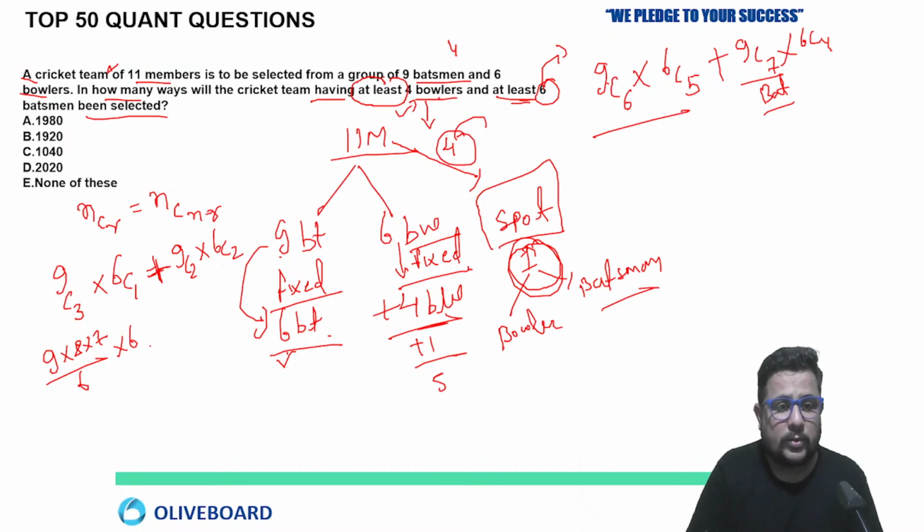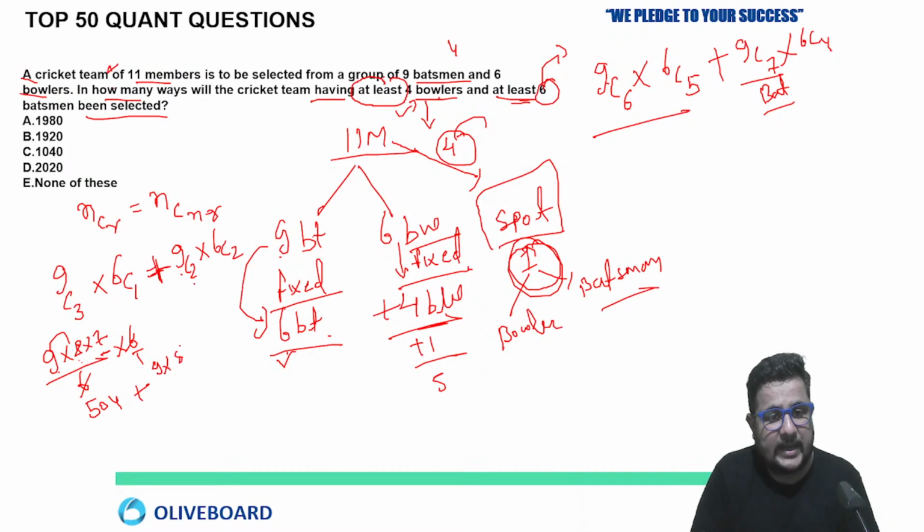6C1 will be factorial 6 over 1, so 6 and 6 cancel. 9 into 8 into 7. So 9 into 7, 63, 63 into 8. This will give you how much? 504. Plus 9C2: 9 multiplied by 8 by 2, multiplied by 6 multiplied by 5 by 2.